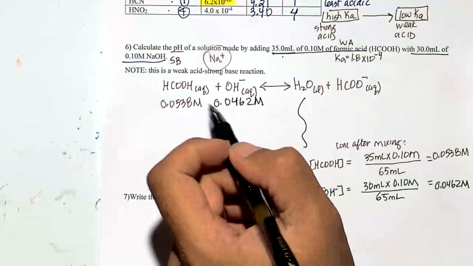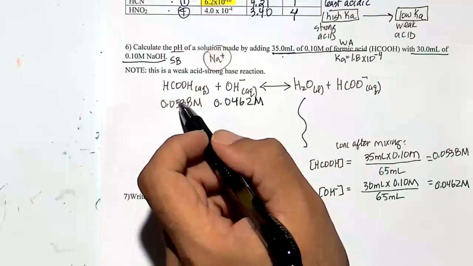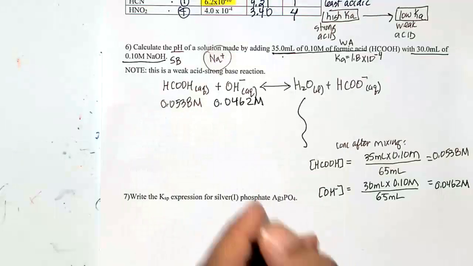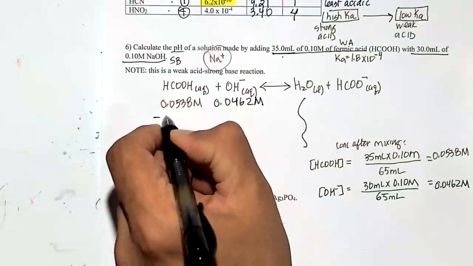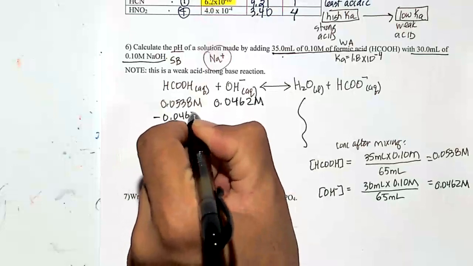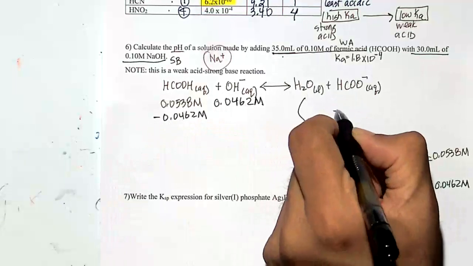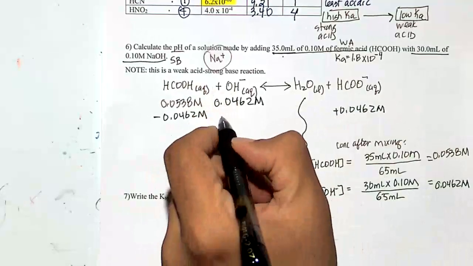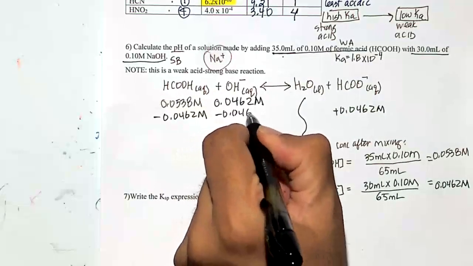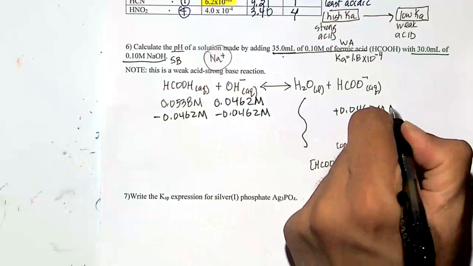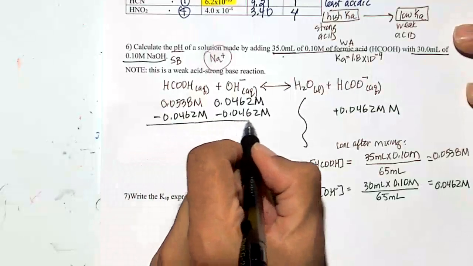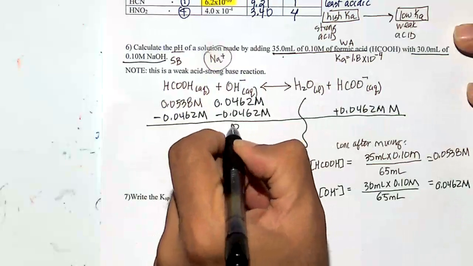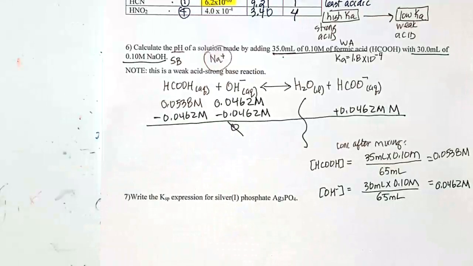And then how much of this OH will eat up this formic acid? It's going to eat up all of it, until it's all gone. So all the OH is gone.